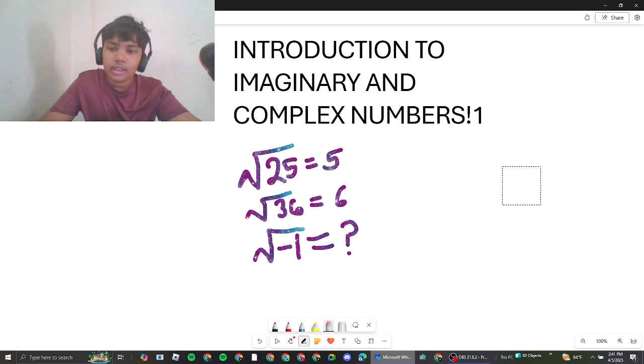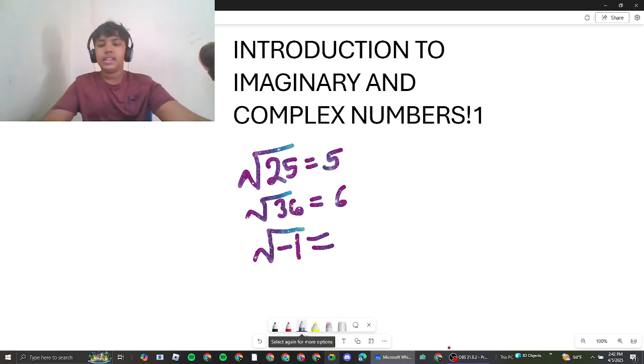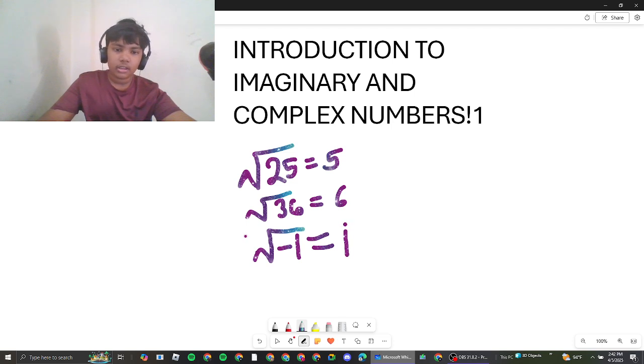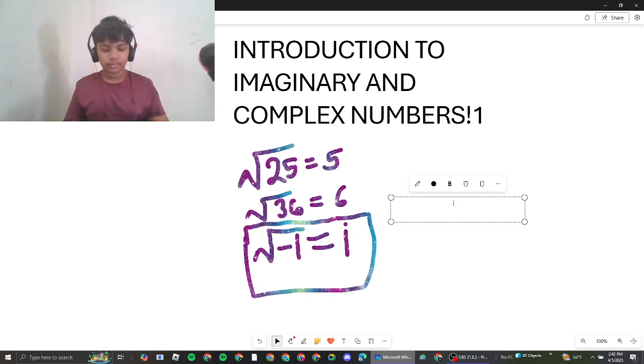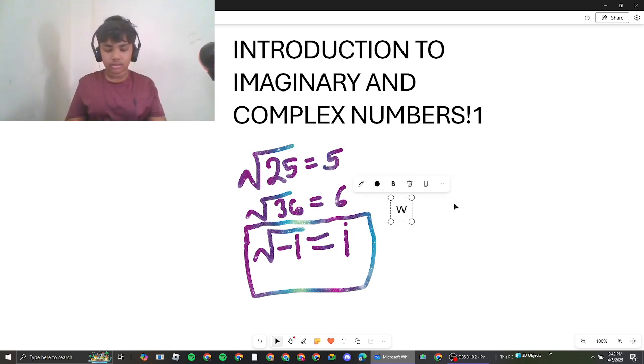So we have come to that point. That's when mathematicians, I don't know the date, but I'm guessing maybe in the 19th century or something, named this I. The square root of negative 1 was known as I, where I is the imaginary unit.